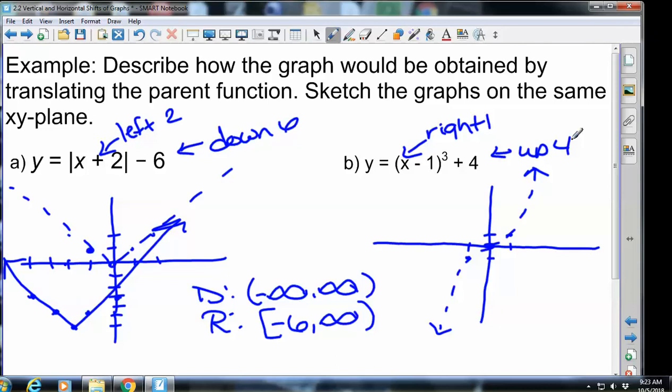Okay, so far so good? So I'm going to do that on my graph. So go right and up for each of these. Here's my new one. What is the domain of this?